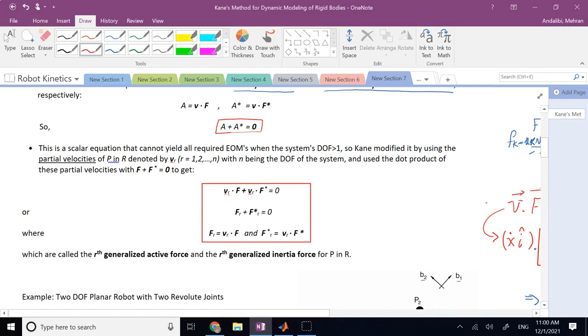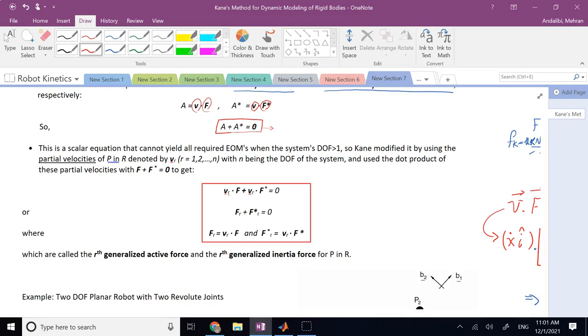But when you go to more than 1 degree of freedom, this vector v and this vector F or F star, the way that they are written, cannot give us enough equations of motion. Like when the system has 4 degrees of freedom, this will still give us 1 equation, not 4.